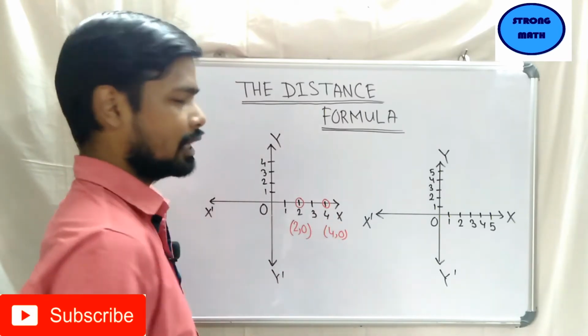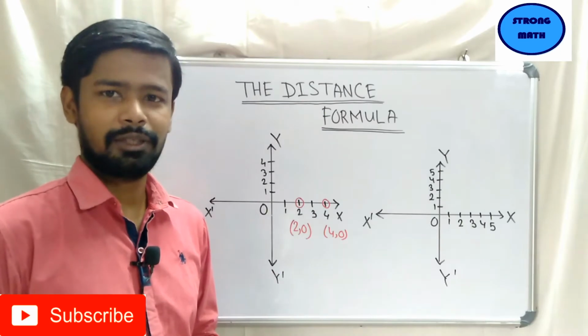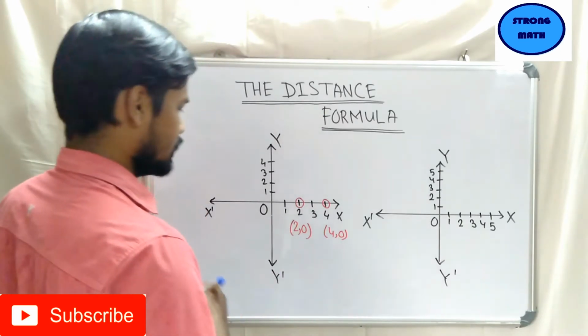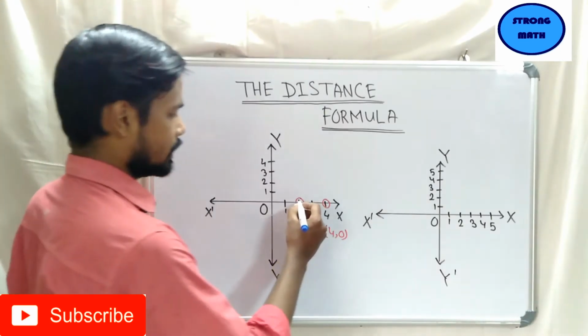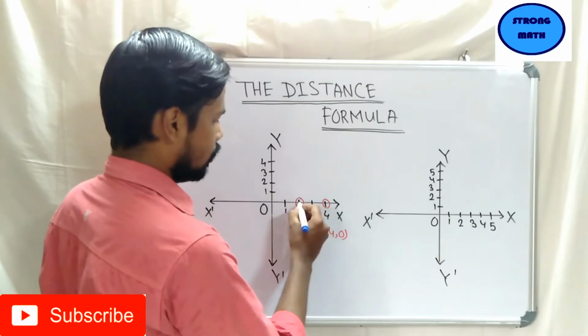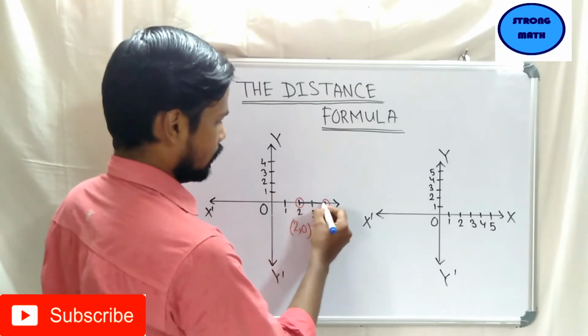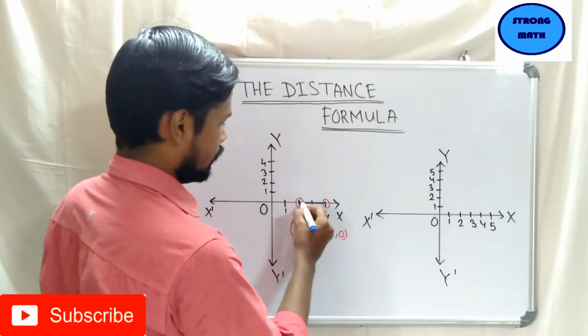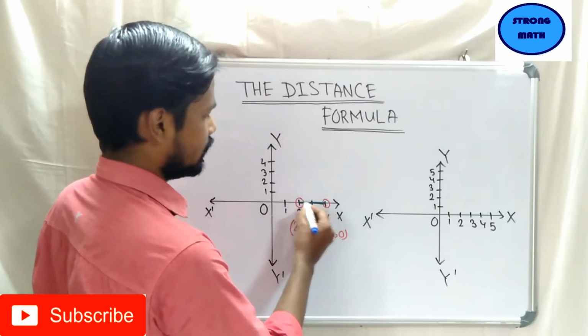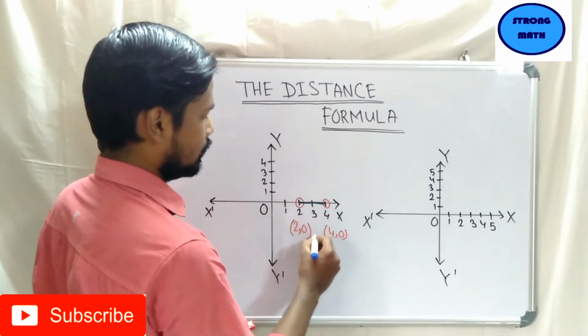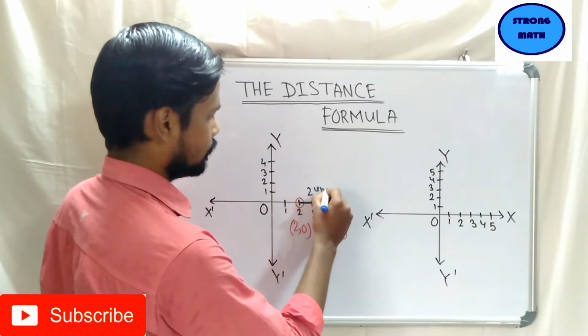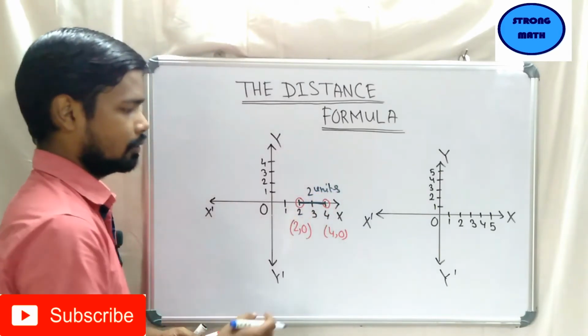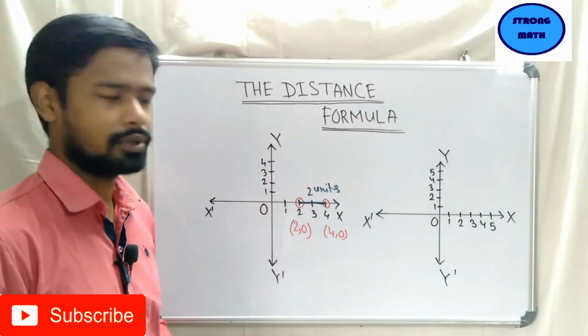Then clearly you can find the distance between them, which is basically the length of their coordinates. Here the distance between these 2 points is 2 units, right? First one is 2, 0, second one is 4, 0.